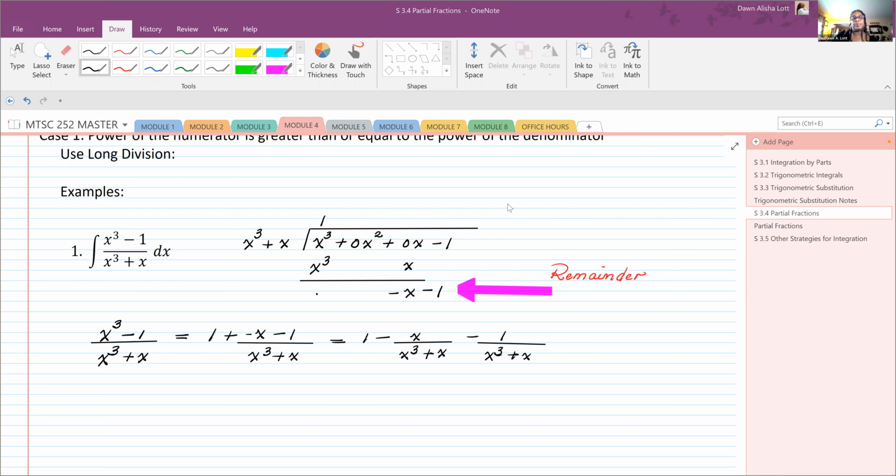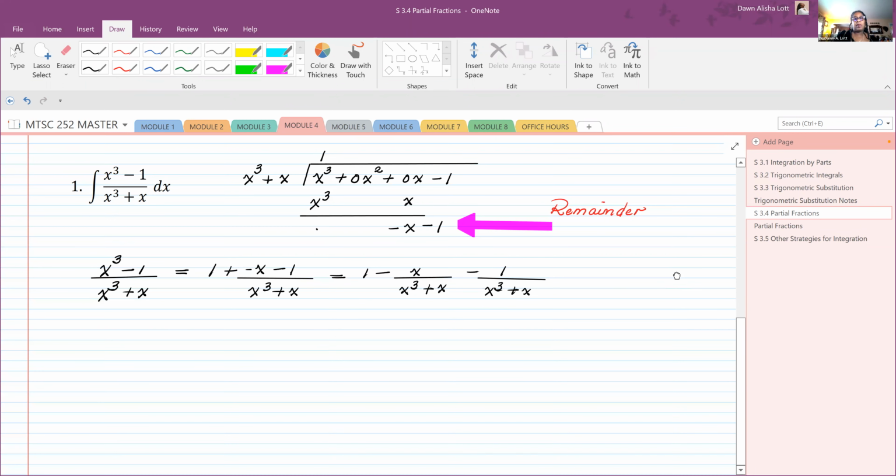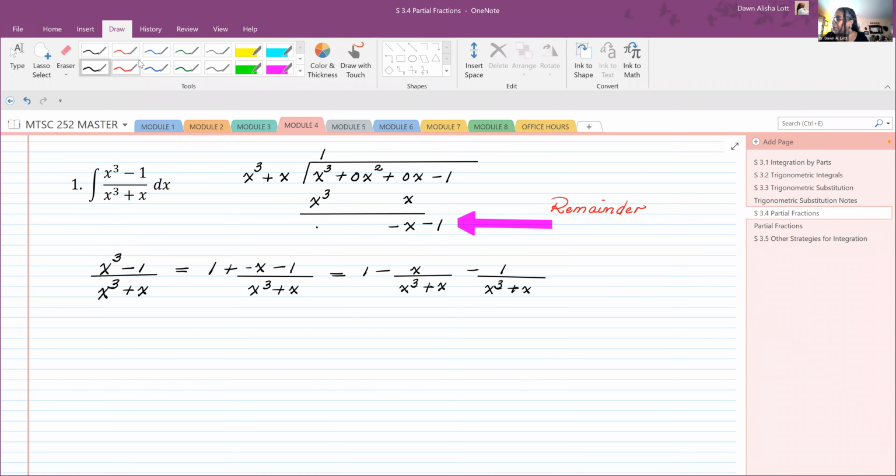Okay. So now this middle term simplifies to -1 over x squared plus 1.